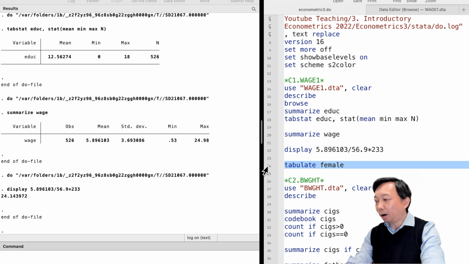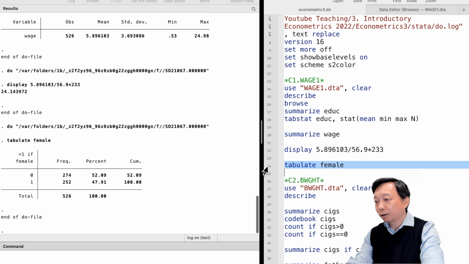We use the command tabulate to show the frequency and percentage of each category. We type tabulate, followed by the name of the variable female, and we find 274 men and 252 women in the sample.